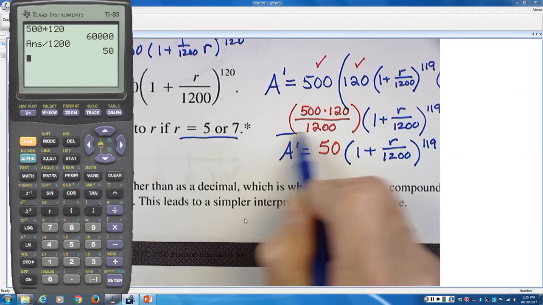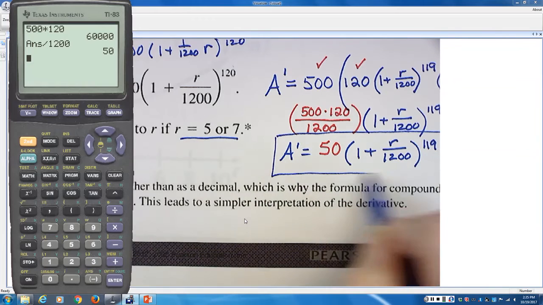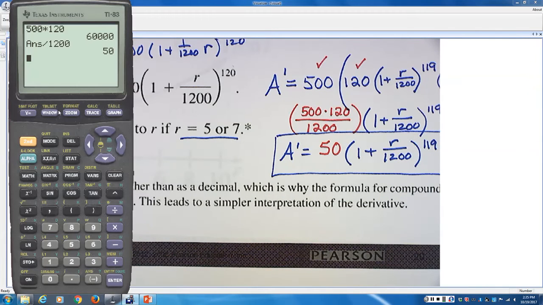So I'm going to take this function and since I don't want to type it in 2 or 3 times, I'm going to type it in Y1, 50 and then parentheses 1 plus another set of parentheses, the interest rate, which will be X, divided by 1200, close those parentheses, then close the whole expression parentheses and raise it to the 119th power.